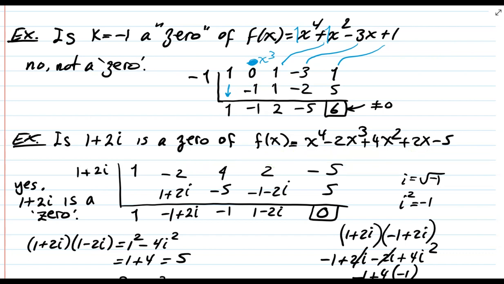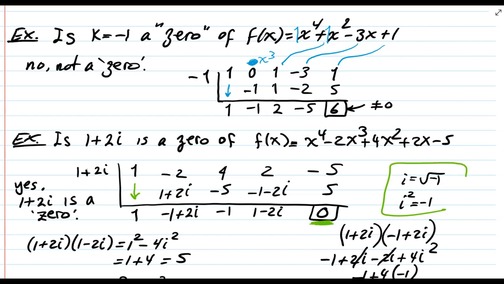All right, and then we do the algorithmic process: bring down the 1, multiply, move up here, add, multiply, move over here, add, multiply, move here, add. And you can see clearly that the remainder is 0. So that's good. That means 1 plus 2i is a solution.